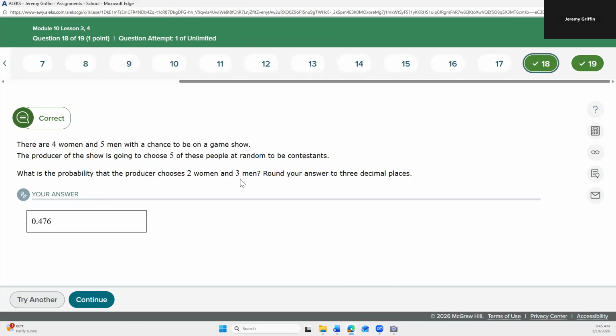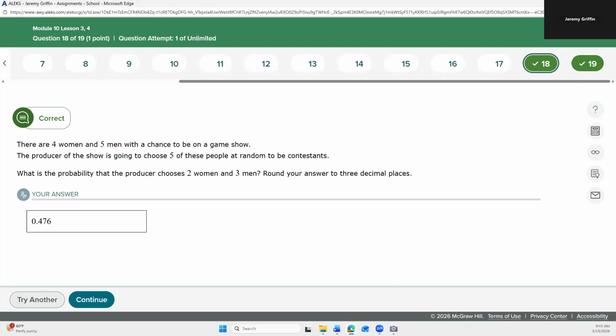The way I'm going to do this, I'm writing this on paper, off screen, and then I'm going to switch over. 4 women, 5 men, for 9 total. These are people who want to qualify. And we want the probability of 2 women and 3 men.